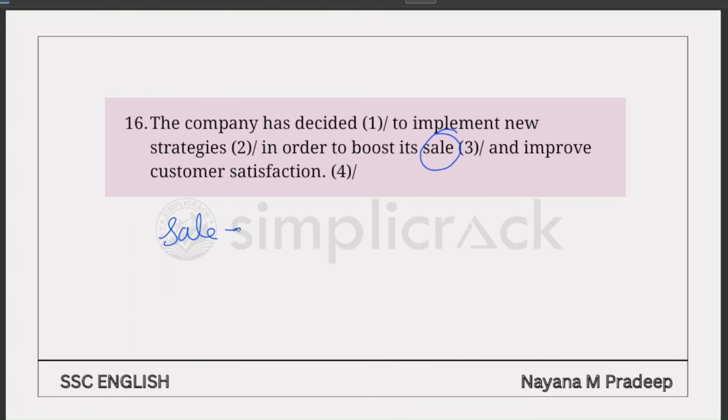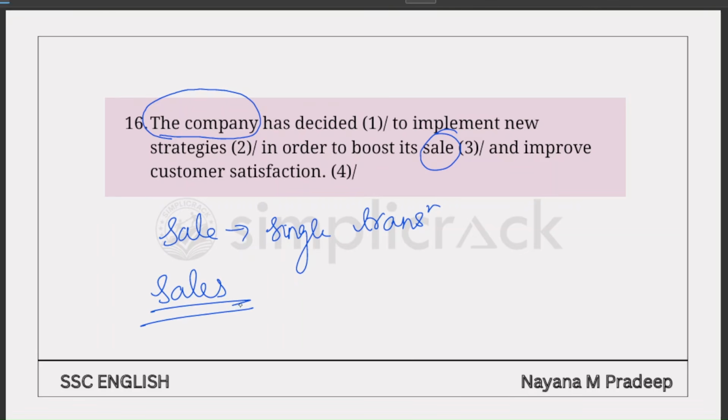Now, sale refers to a single transaction. But here you're talking about the entire business, the entire commercial strategies of a company. So it has to be sales, not sale, because sales refers to the collective revenue.